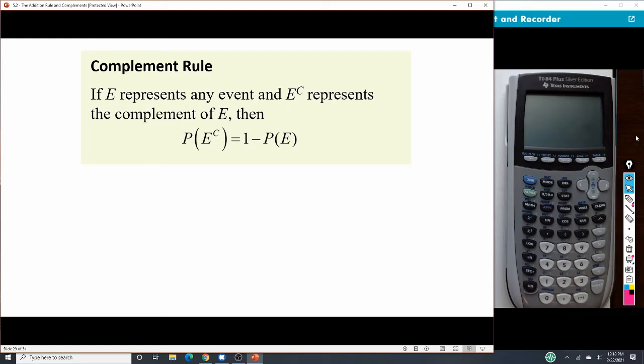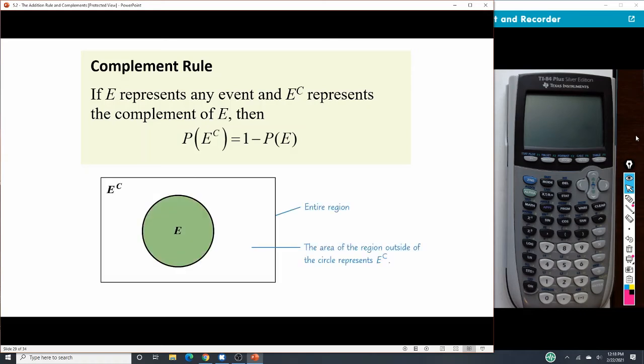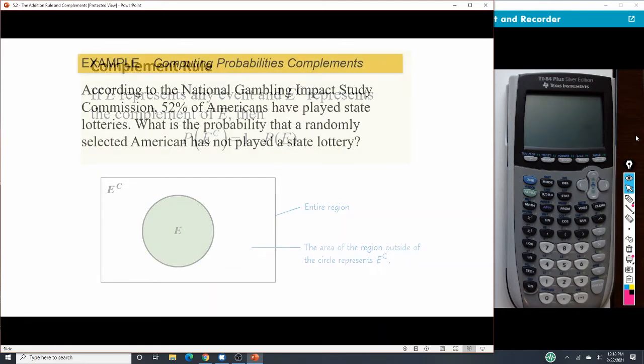So that's going to be our formula there for the complement. Okay, and so we can see this. E is what's in the green circle. The complement of E is anything outside of it, whether it's in the white area, whether it's in another circle, any of those types of things. Those are the complement of E for them.